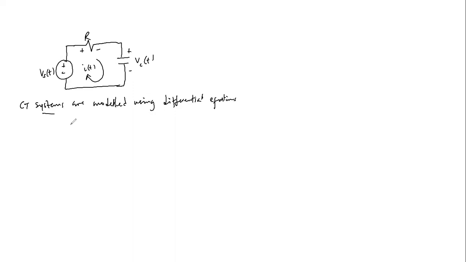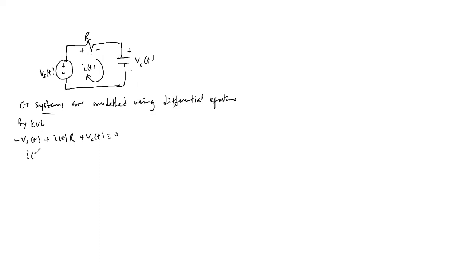So let us see how that goes. In the first instance, if we apply Kirchhoff's voltage law here, by KVL we see that negative Vs of t plus i of t R plus Vc of t is the same as 0.